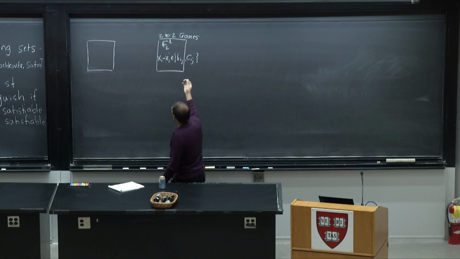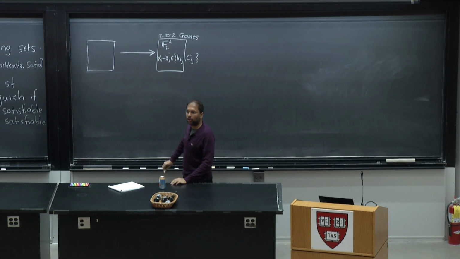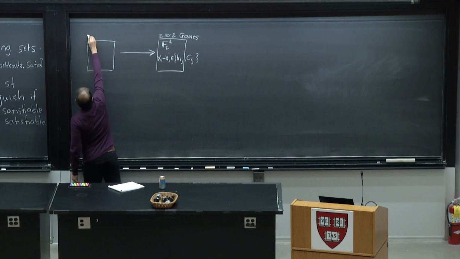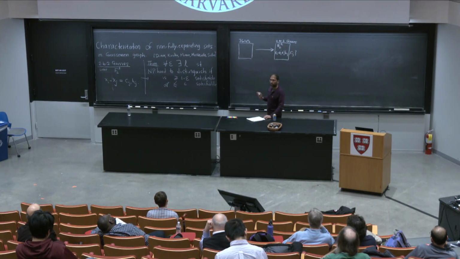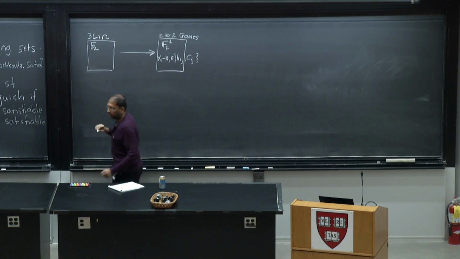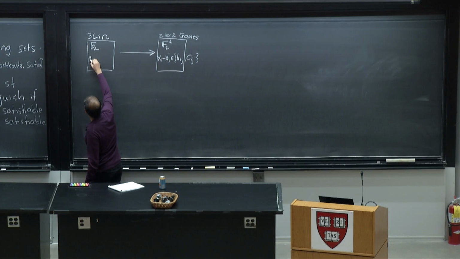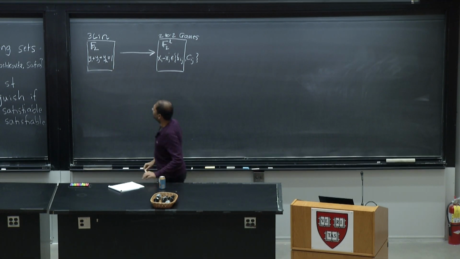To show that this is hard, the only thing we can do is give a reduction. In this case, the reduction happens to be from a problem called 3-lin, which is already known to be hard. This is a problem where the variables are over just GF2, 0, 1 variables, and the constraints are linear equations mod 2. Each equation has exactly 3 variables, so each equation looks like yi plus yj plus yk is equal to either 0 or 1, depending on the equation.